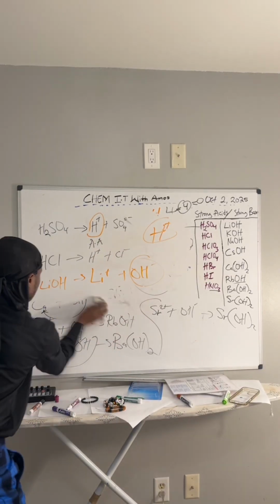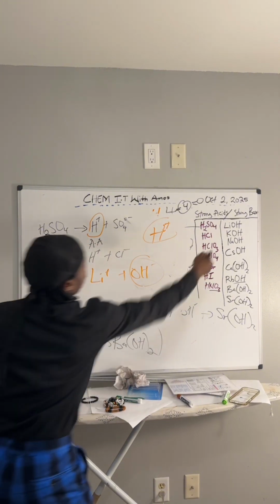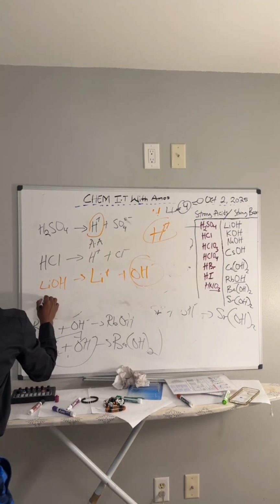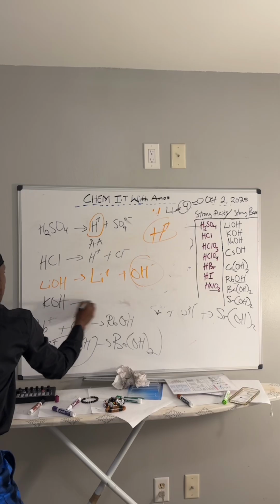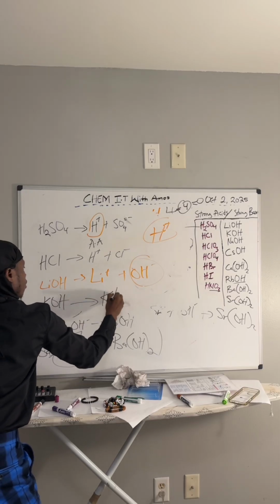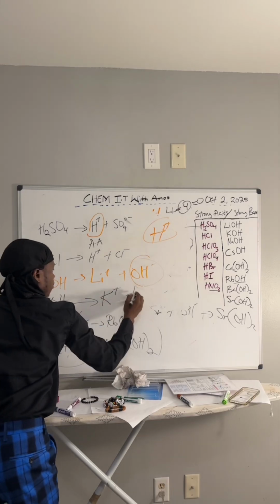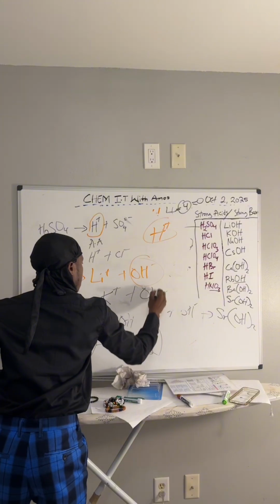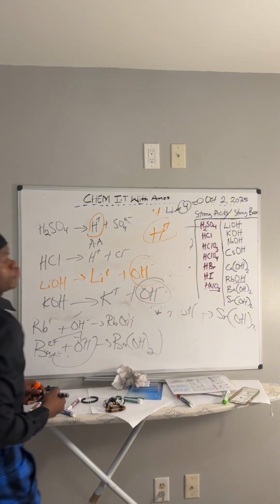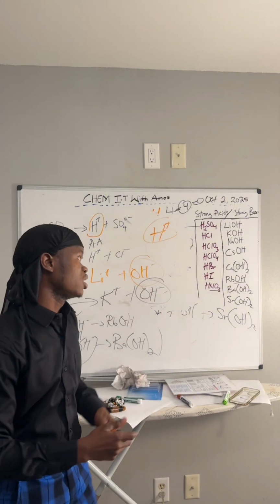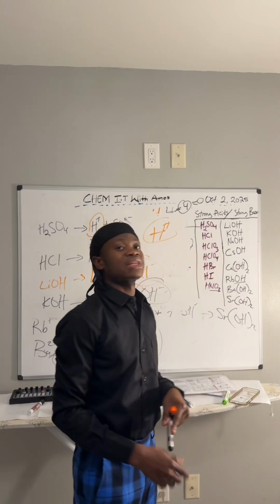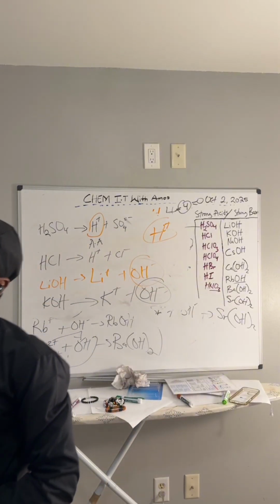So what is the next one again? We say potassium hydroxide, KOH. When we break it apart, we have K plus and OH minus. So this becomes the hydrous base. So you can do it this way. Always, OH minus becomes the hydrous base, and H plus becomes the hydrous acid.